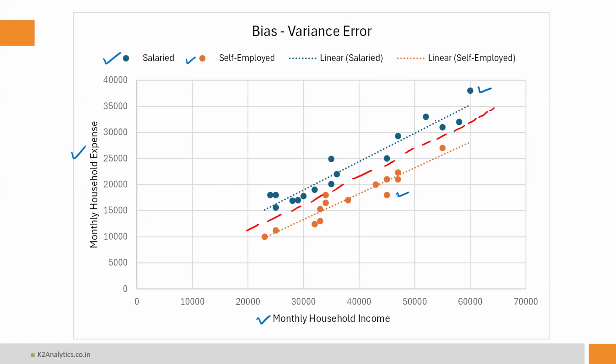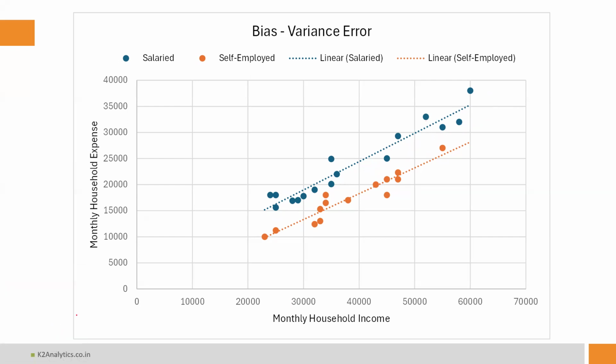Now, in this scenario, you can see that the model does not do a good job either for the salaried segment or for the self-employed segment. The model is actually under-predicting for the salaried segment and over-predicting for the self-employed segment.